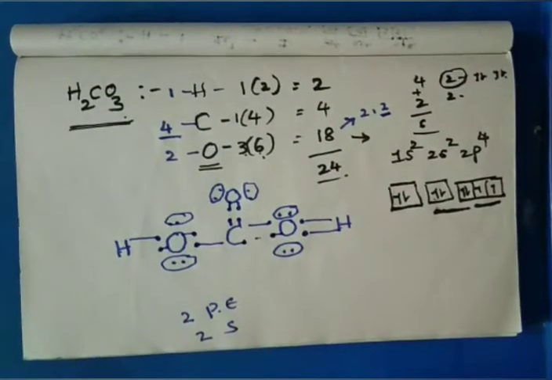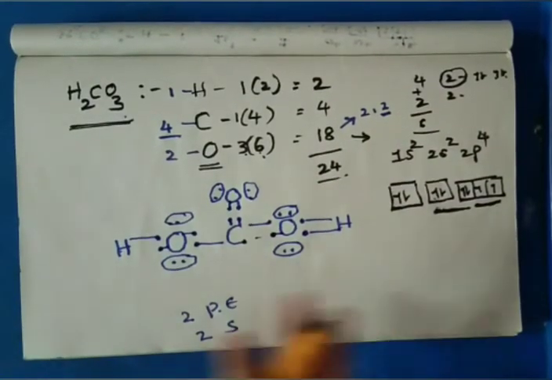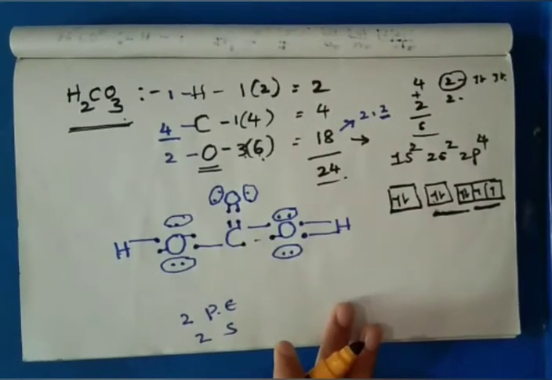So this is the carbonic acid Lewis dot structure.